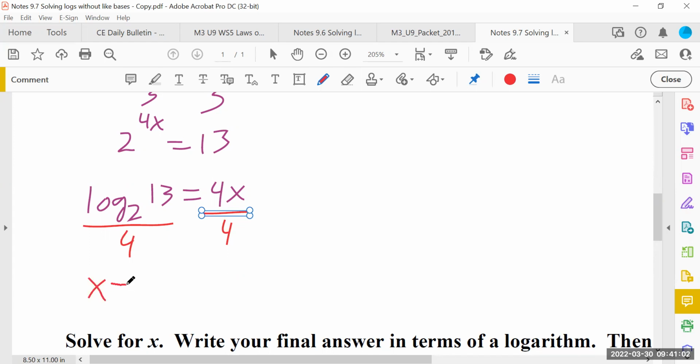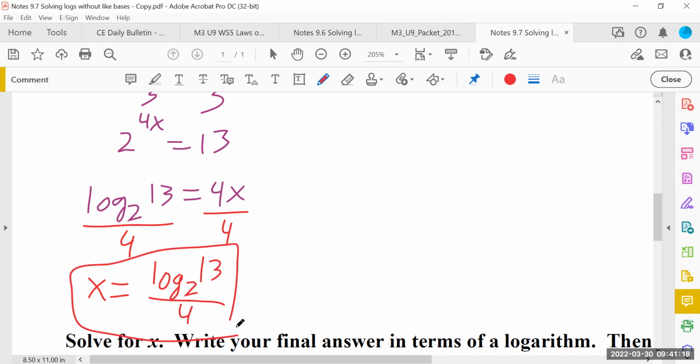And we get our answer. x equals log base 2 of 13 divided by 4 would be one answer. Or rewrite that, x is equal to log of 13 divided by log of 2, all divided by 4.